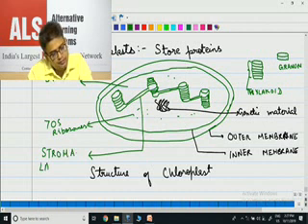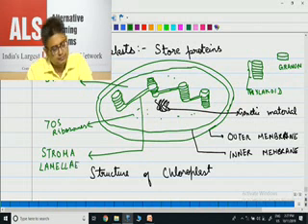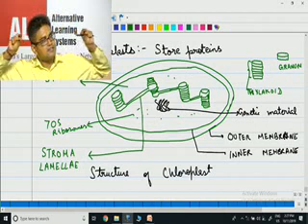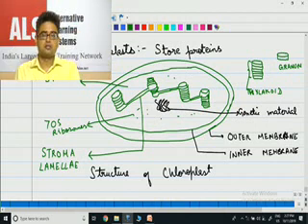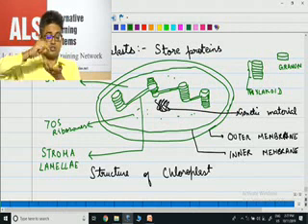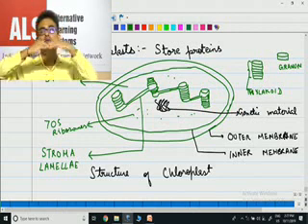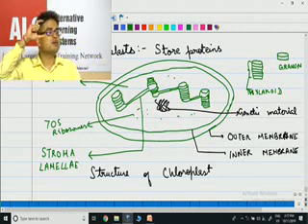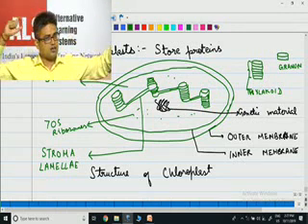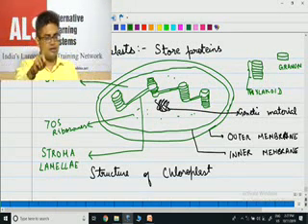It is actually a sheet-like structure. And what is a granum? A granum is a single coin-like structure. Many coins on top of each other become a thylakoid. So there are two stacks of thylakoids connected together by stroma lamellae.